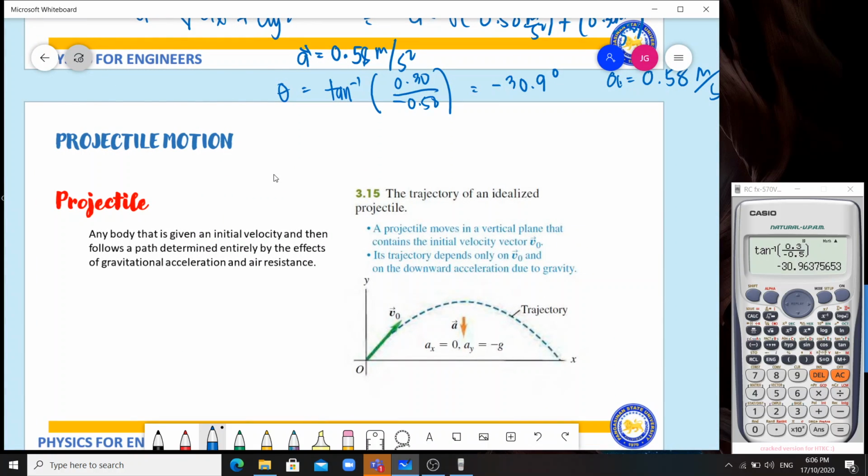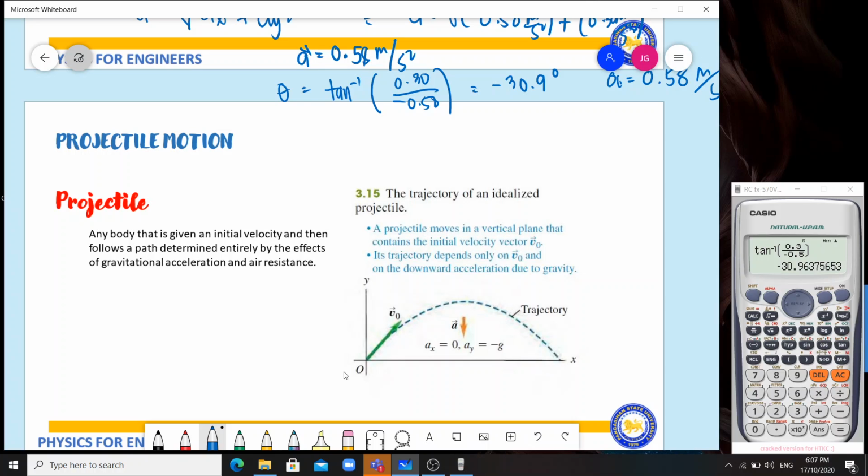Okay? Pag sinabi nating projectile, it is any body that is given an initial velocity and then follows a path determined entirely by the effects of gravitational acceleration and air resistance. So, ito ay trajectory. For example, naghagis ka, tapon mo pataas, pero automatically bababa din siya.